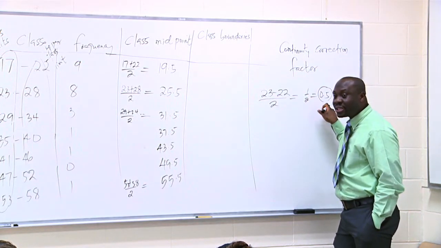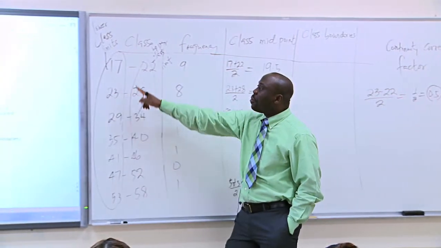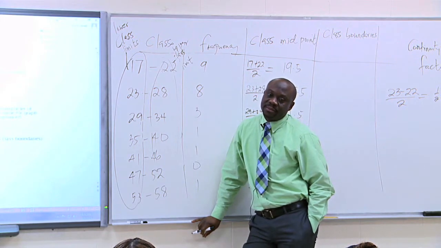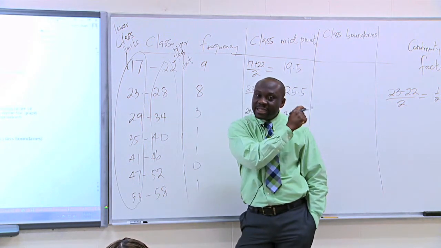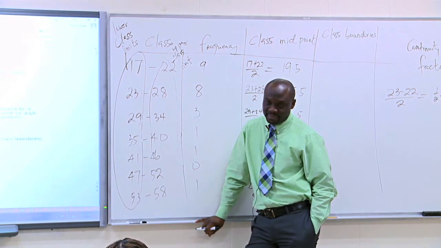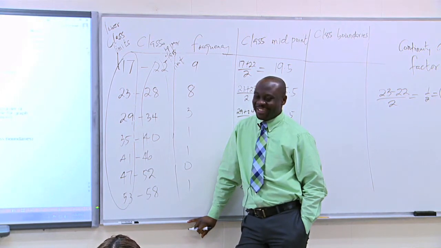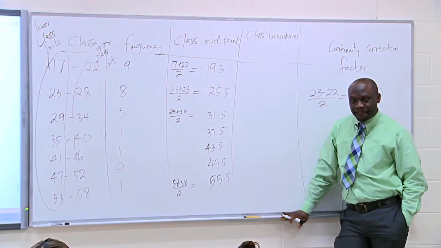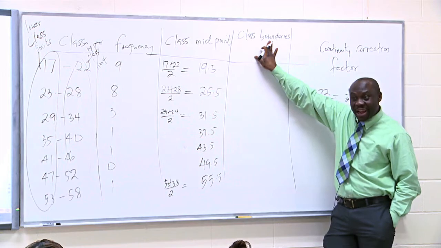You will subtract this 0.5 from all the lower limits. And then you will add the same 0.5 to all the upper limits. That will make it the class boundaries. Remember, we started with the class boundaries, right?